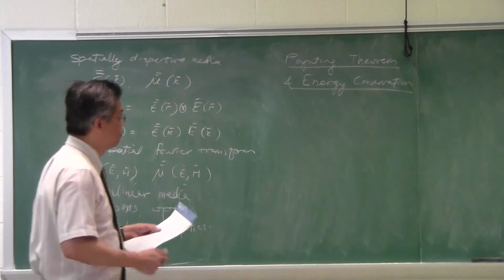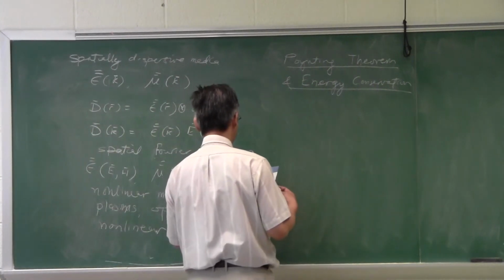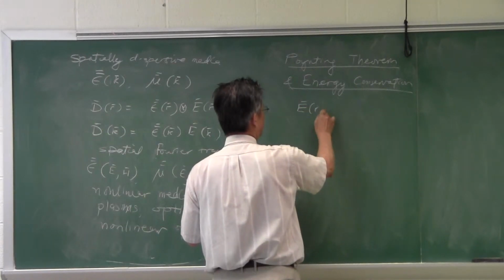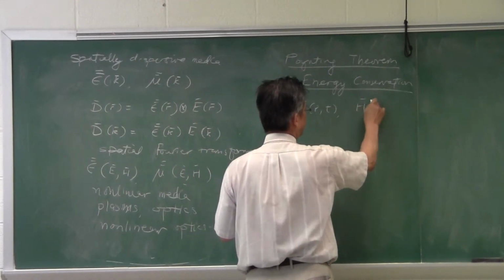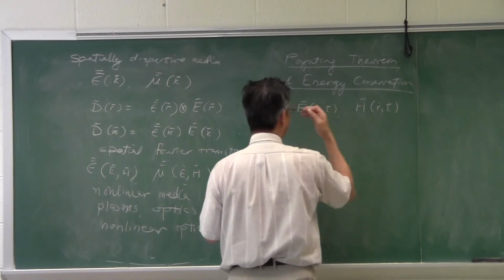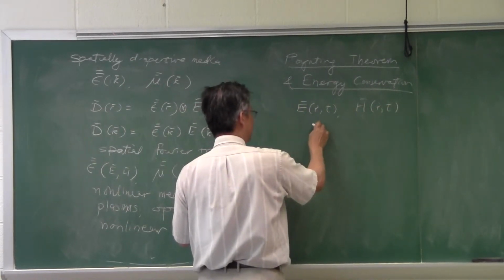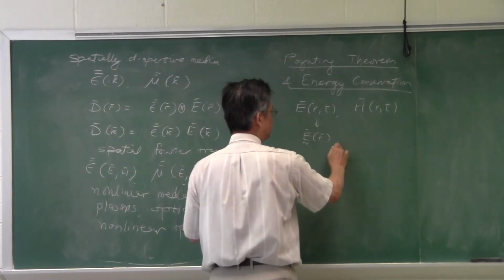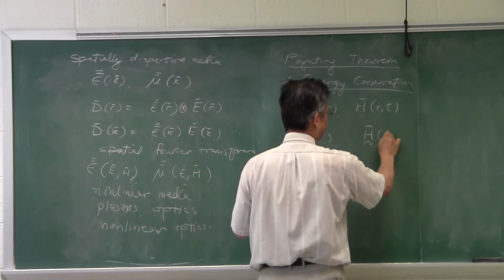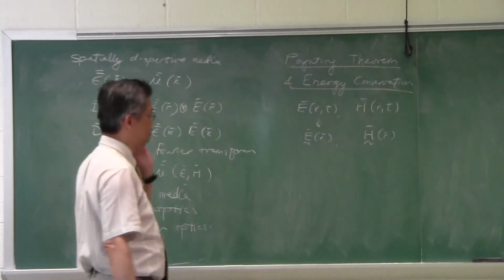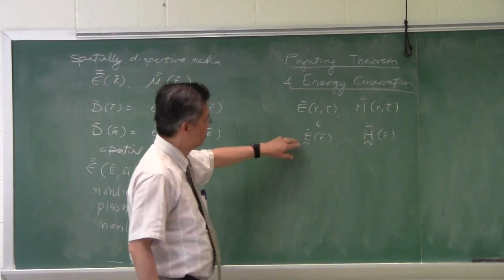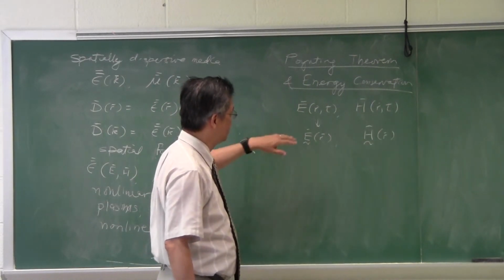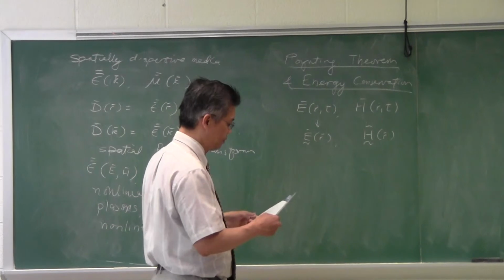You probably have learned that in your undergraduate courses: if I have E of r,t and H of r,t, and if this is time harmonic, then they have their corresponding phasor representation, E of r and H of r. You can think of this as the Fourier transform representation for a fixed frequency.